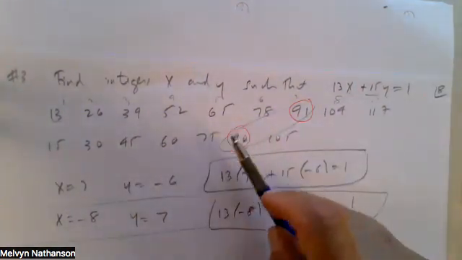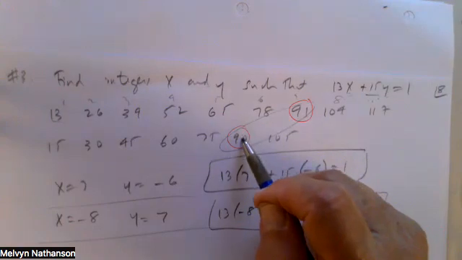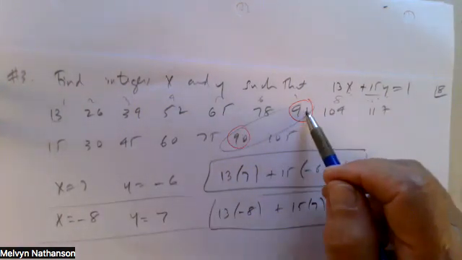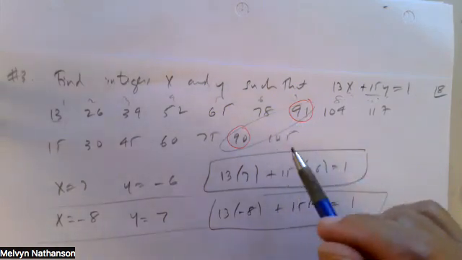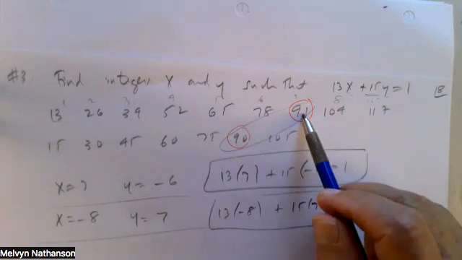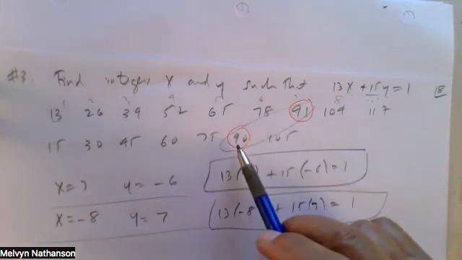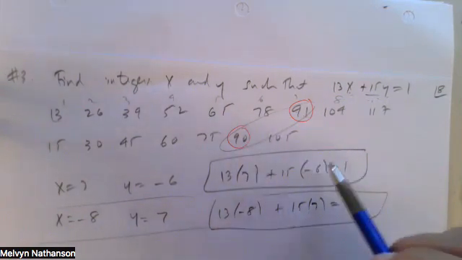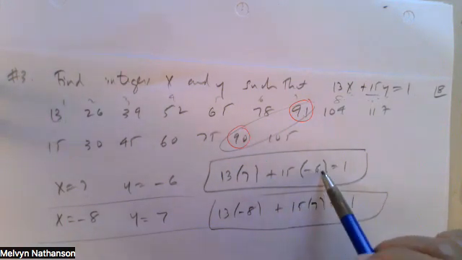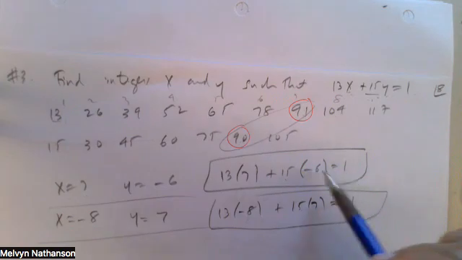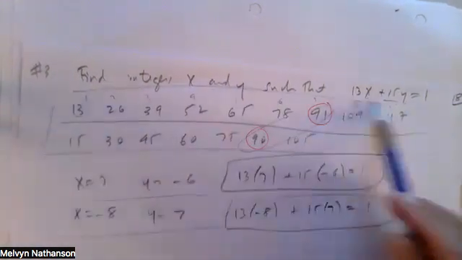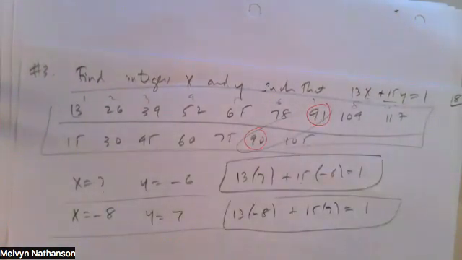So 90 is 6 times 15, and 91 is 7 times 13. So 13 times 7 minus 6 times 15, which is the same as plus minus 6 times 15, that's equal to 1. I just made this little table and looked at it.